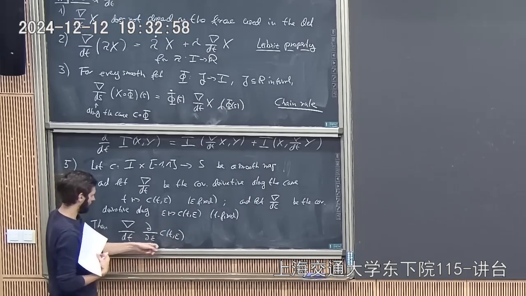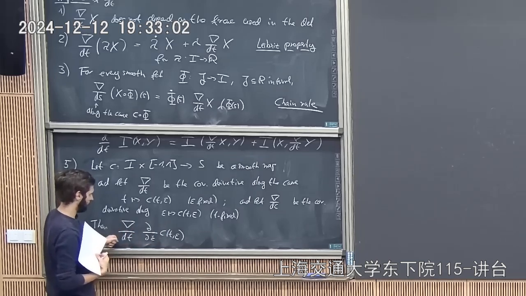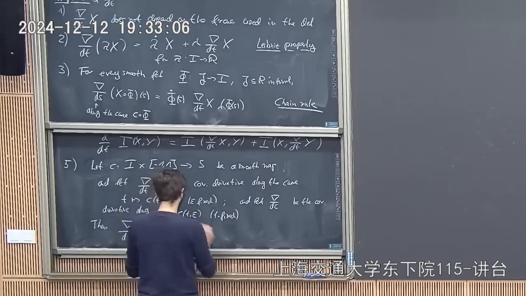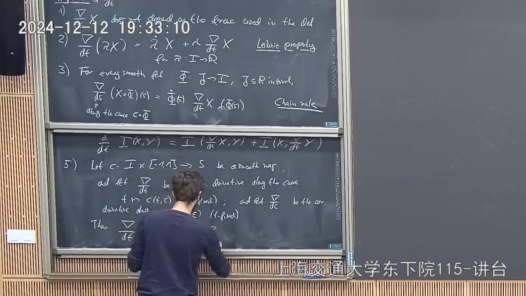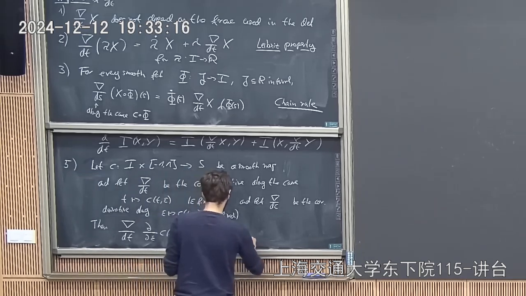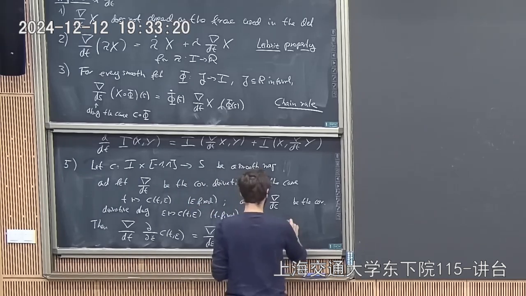Then you get a vector, and you can take the covariant derivative with respect to t, and this one is the same thing as just interchanging the derivatives. And this property is called torsion freeness.